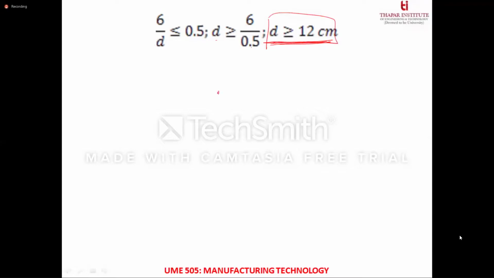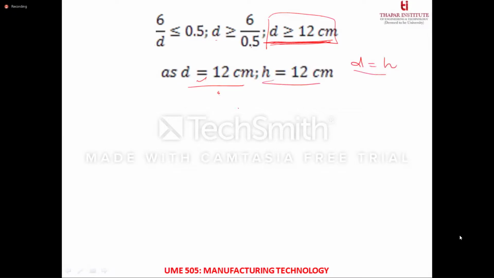So now, under boundary conditions, the equality will be taken into consideration. So D is equal to 12, and we already know that D is equal to H, as it is given in the question itself. So H is also equal to 12 centimeters.